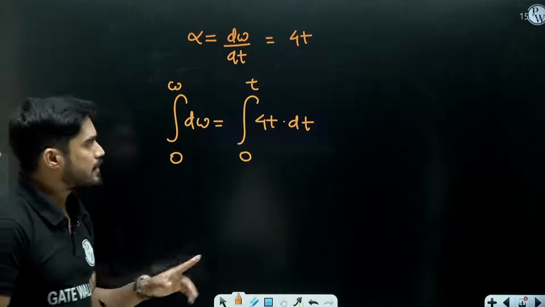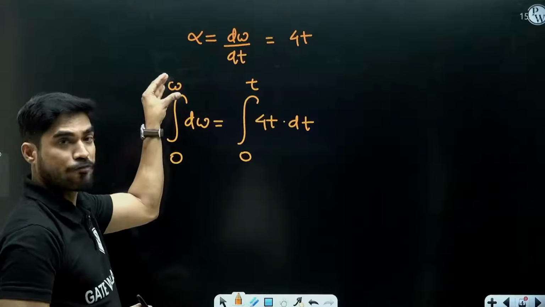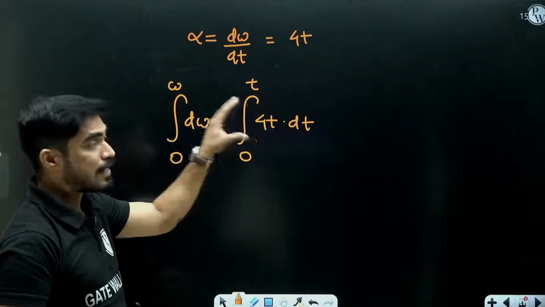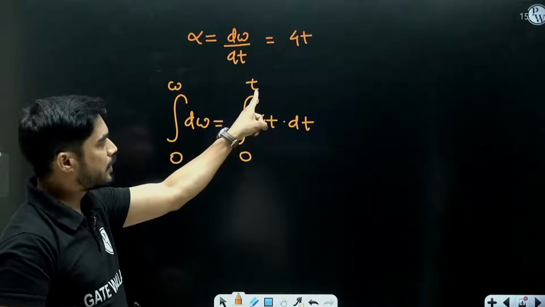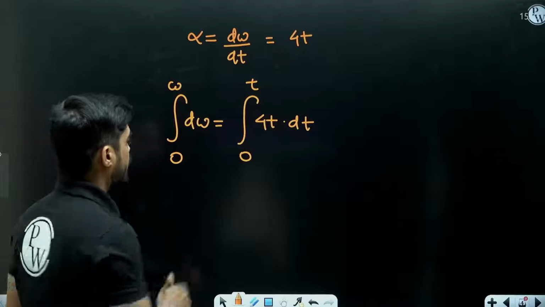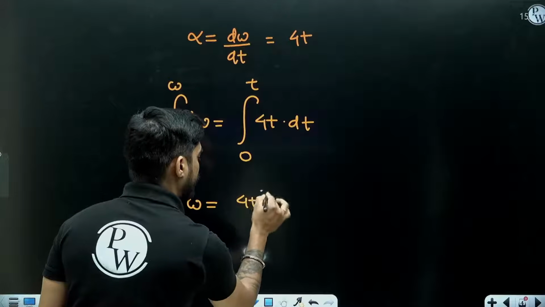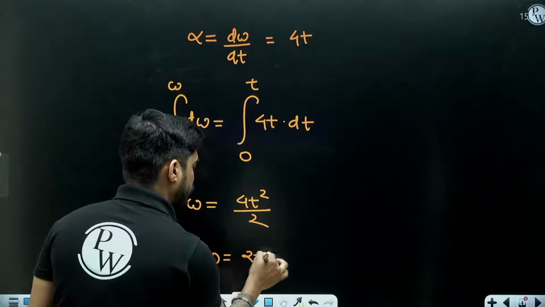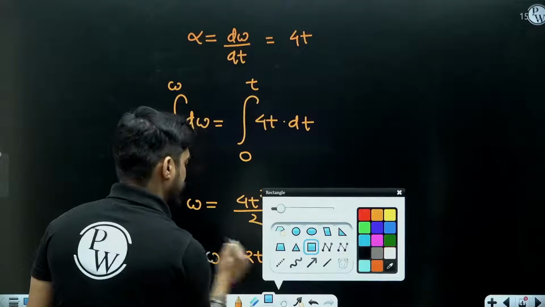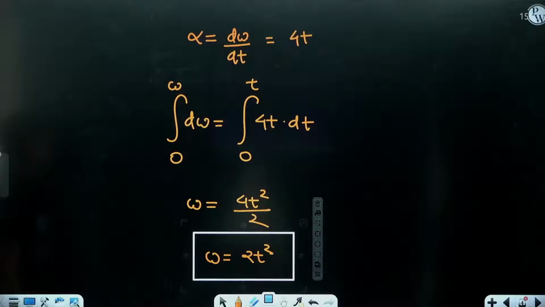Now understand this. I am not putting 5 seconds here because I don't want the value of omega at a particular time. I want the equation of omega in terms of t. That's why I am putting t here and omega here. So this will become omega equals to 4t square by 2, or I can write 2t square. So this is the equation of omega in terms of t.